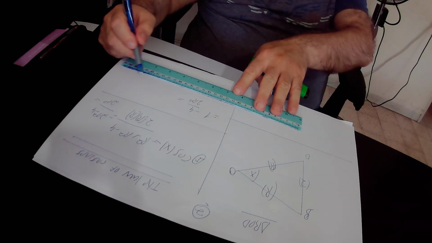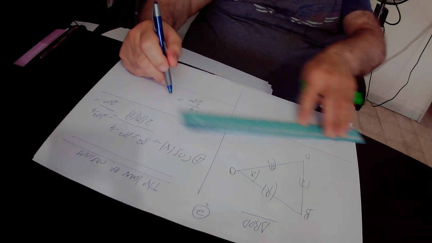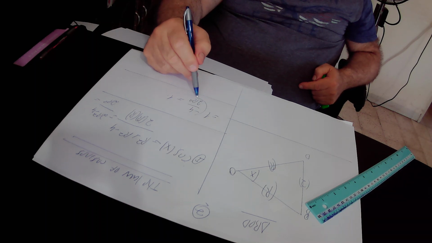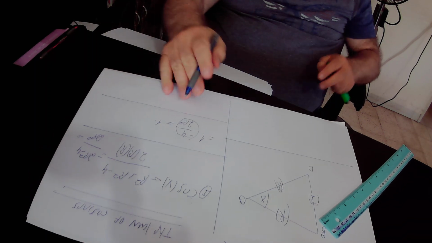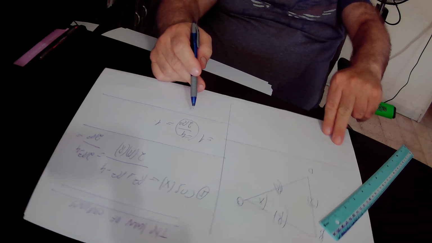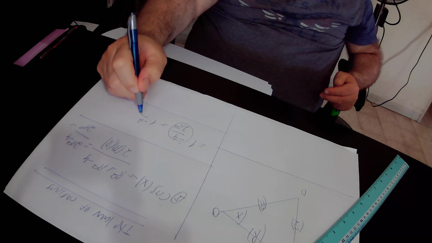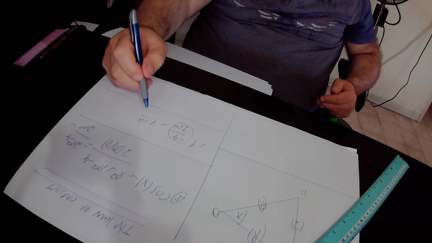So cosine X according to equation 1 equals 1, and here we divide both the numerator and the denominator of this expression by 2. And you get that minus 4 over 2 is minus 2, and 2R squared over 2 is R squared.